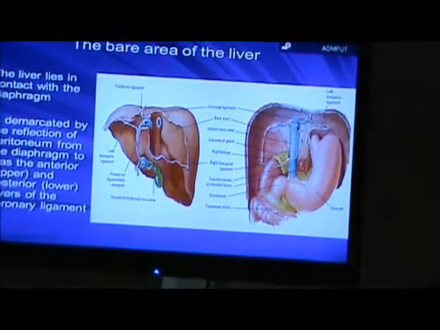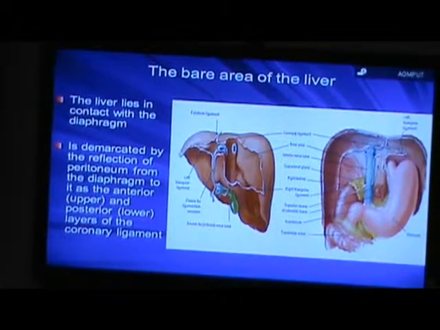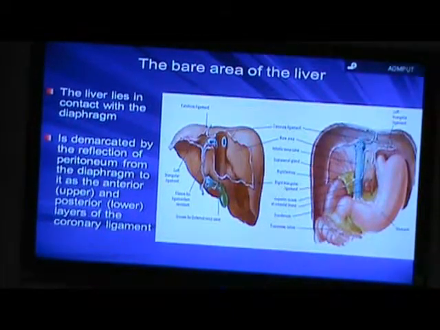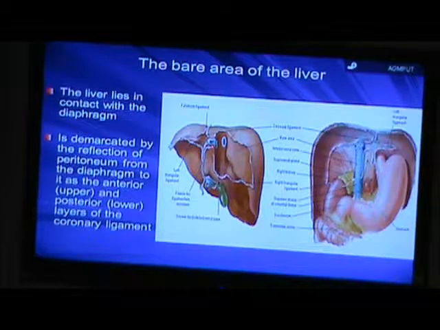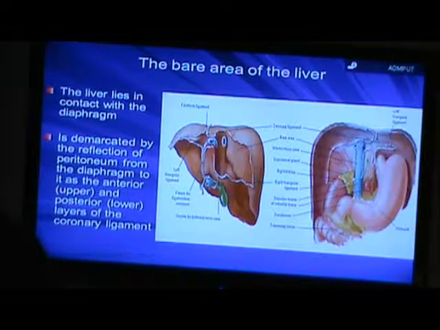So liver lies in contact with diaphragm. Look, now the liver in this picture is removed, and we can see that here is a little bit of peritoneum, but this place shows us the diaphragm.